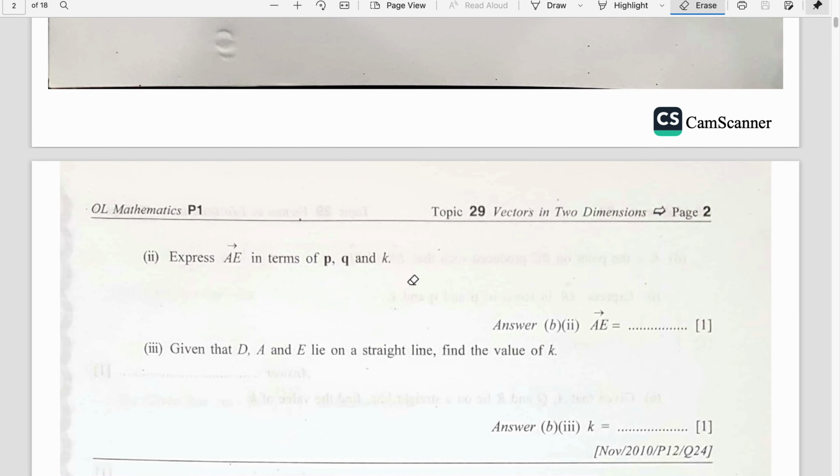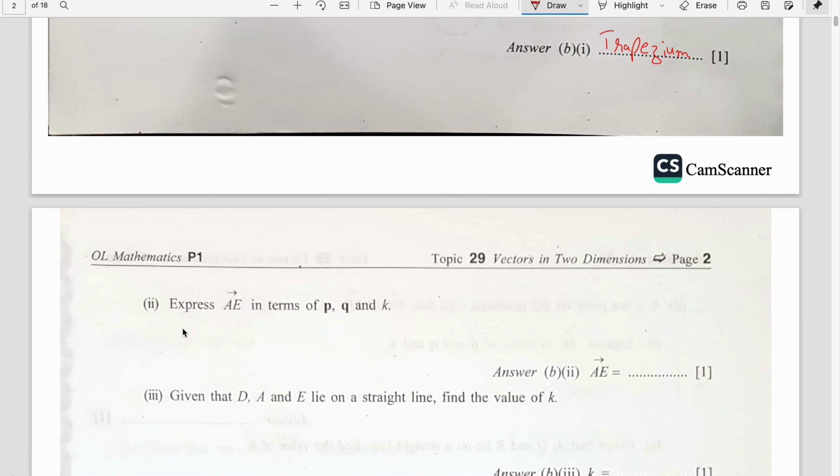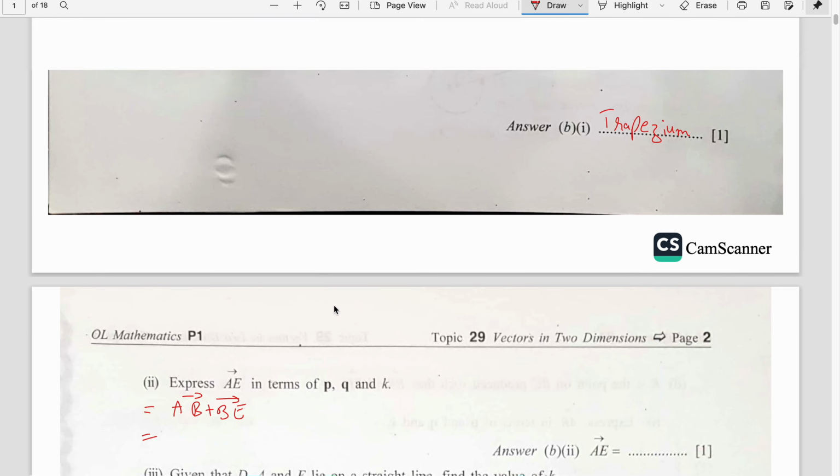Express AE in terms of P, Q and K. AE, let us suppose E lies here. So AE would be AB plus BE. Just copy the values and simplify.